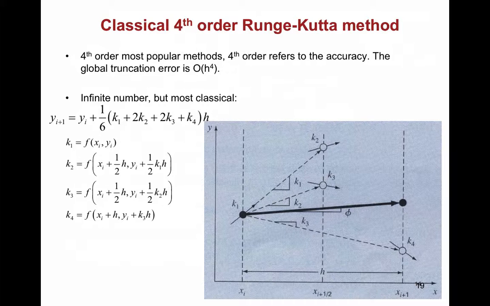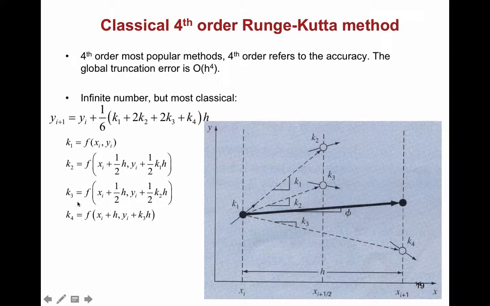I give myself a first slope, k1. That's simply my f of xi, yi, just like in Euler's method. Then I take that slope for a half step h. So this is my point at half step h, where I would get a prediction, and I get a slope there, and that's my slope k2. Then I take that k2 also for a half step, and that's my slope k3.